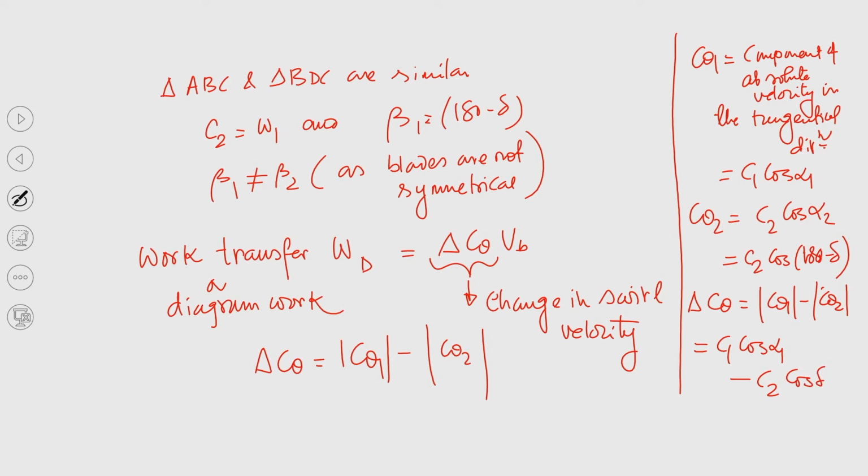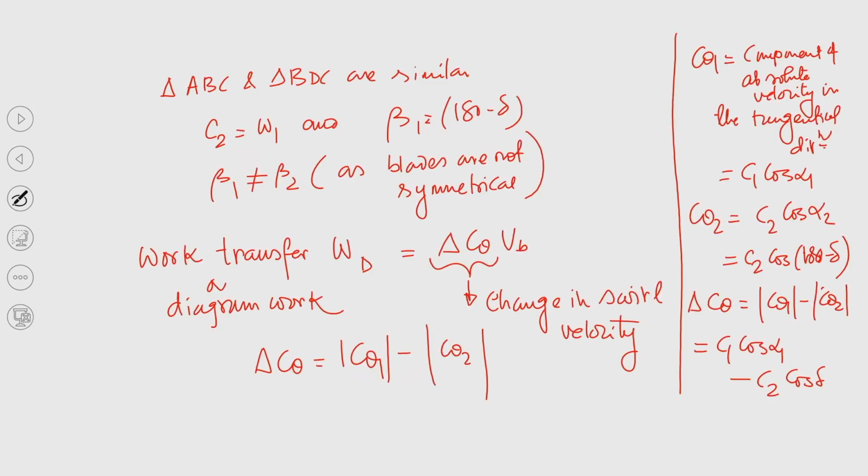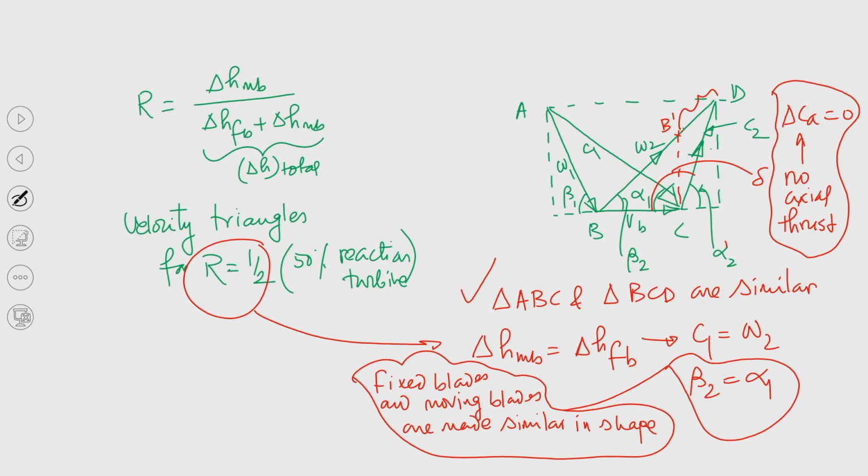Okay. So, now the question is what is C 2 cos delta? If we go to the next slide, delta C theta equal to C 1 cos alpha 1 minus C 2 cos delta. Okay. So, C 2 cos delta we can write that is nothing but W 2 cos beta 2 minus V b. Try to understand. This is C theta 2, right.